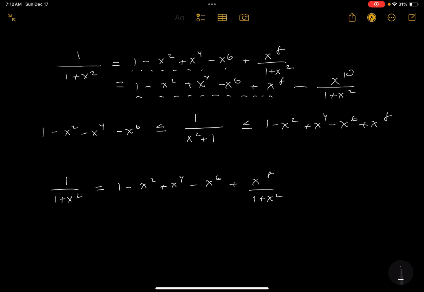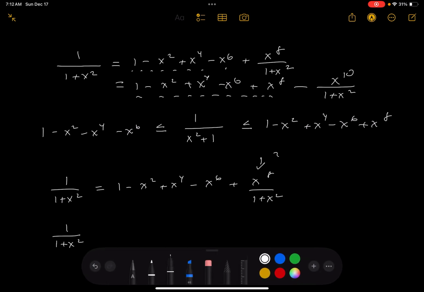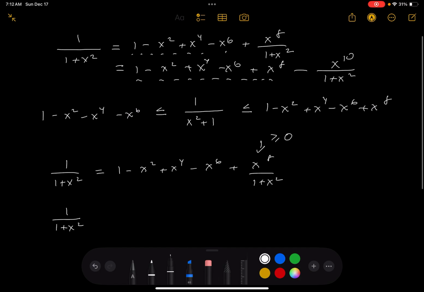And what do I know about this term over here? I know this term over here is greater than or equal to 0. Now, how do I know that? Looking at it, x to the 8th is a non-negative number, and the bottom's a non-negative number. But if x were 0, it'd just be 0, right? That's a possibility too. So what do I know about this over here?